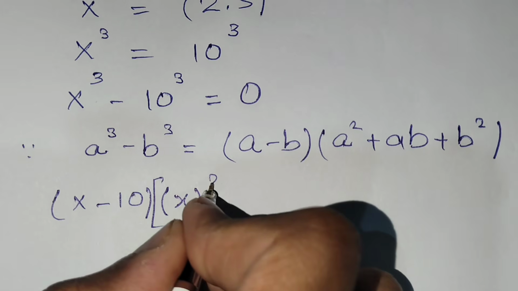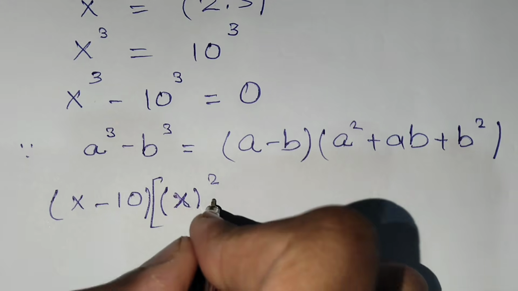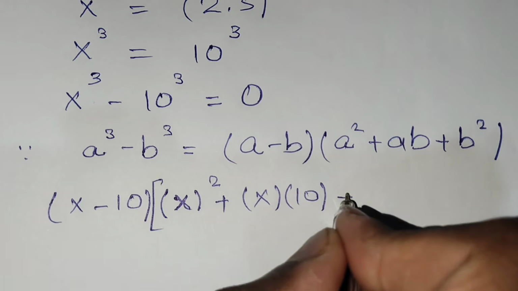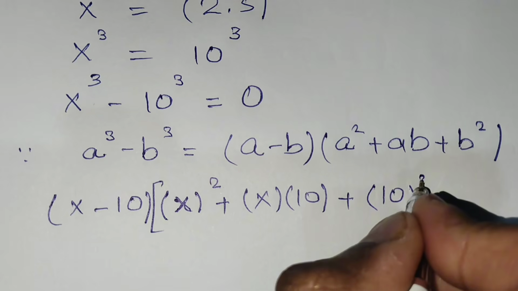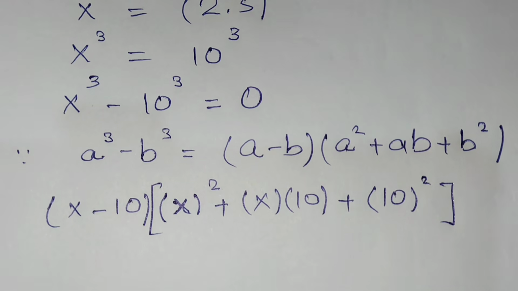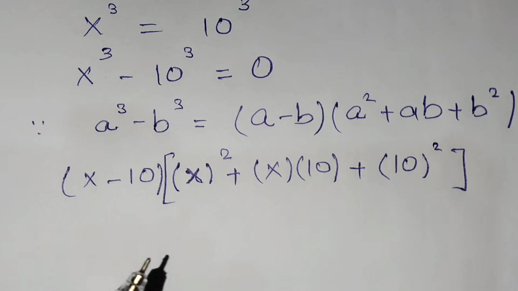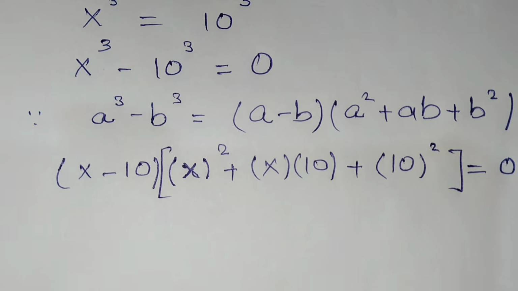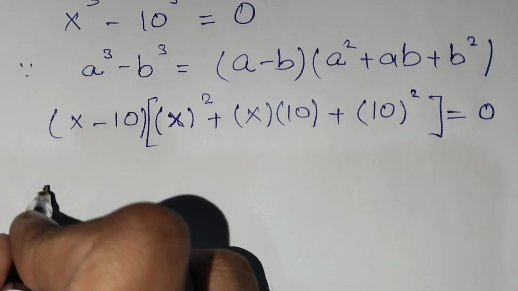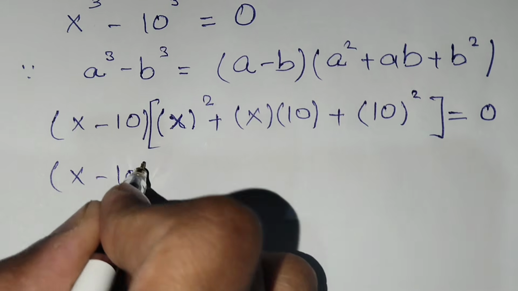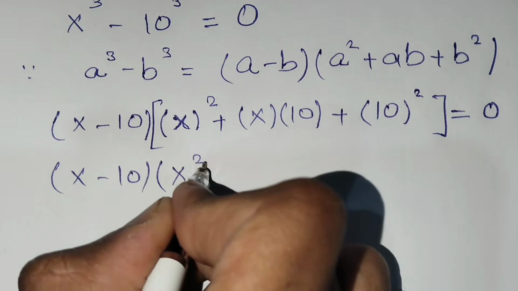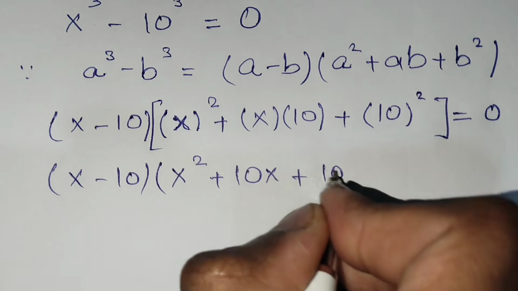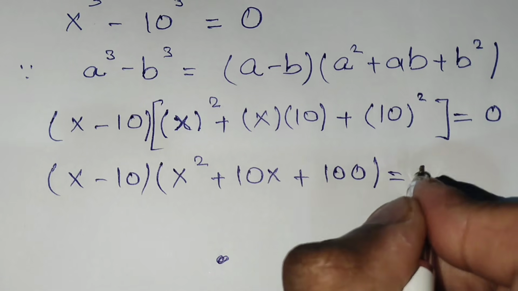(x square plus x into 10 plus 10 square) equal to 0. (x minus 10)(x square plus 10x plus 100) is equal to 0.